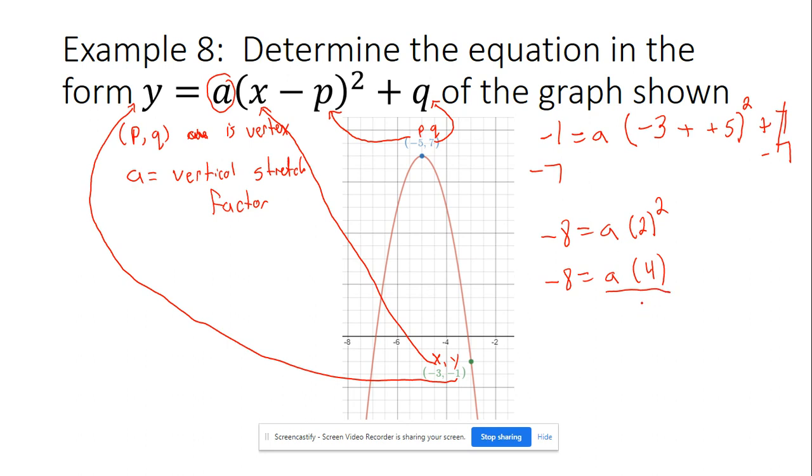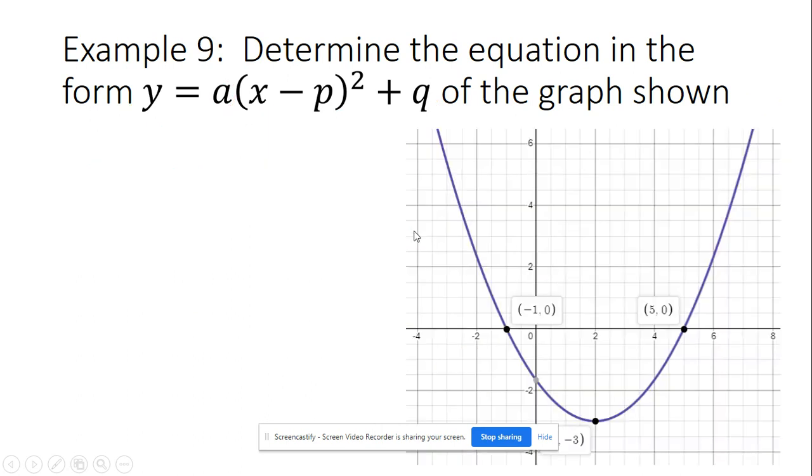Now I'm just going to divide both sides by 4, like this. And I get negative 2 equals a. So we get y equals negative 2 times (x plus 5), the same thing as x minus negative 5, which becomes x plus 5 squared plus 7. And that's how we figure out the equation of this graph.